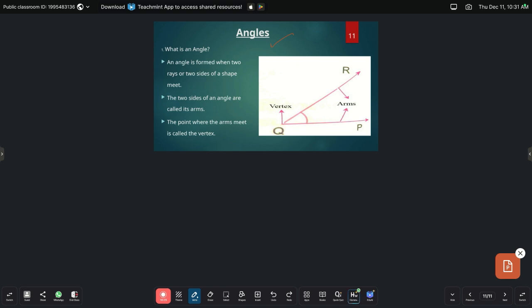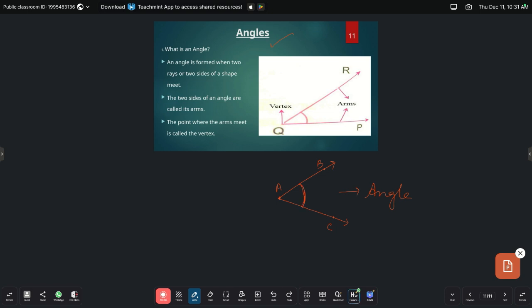Suppose here it is ray AB and this is ray AC. You can see these two rays are meeting at a point. When two rays meet at a common point, an angle is formed. So, the angle is the distance between these two lines, these two arms.